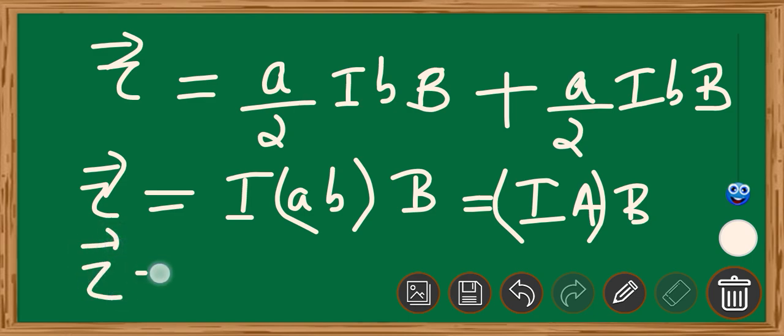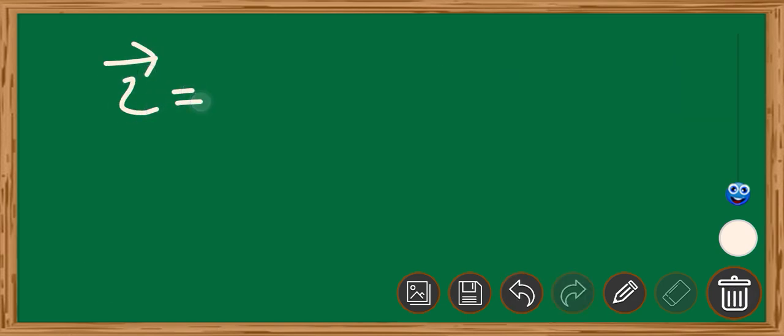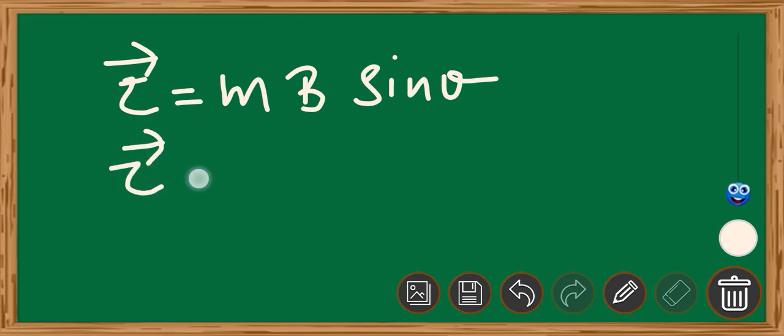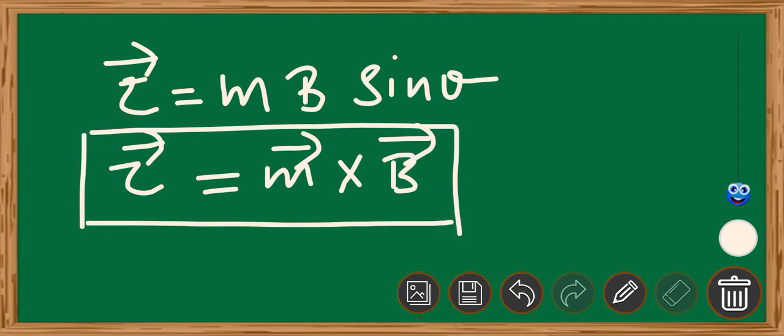So torque is equal to M B. In this case we have sine 90, that is why we don't write it, but in the actual case we have M B sine theta. So M B sine theta means M cross B. The torque acting on a current carrying conductor in a magnetic field is M cross B.